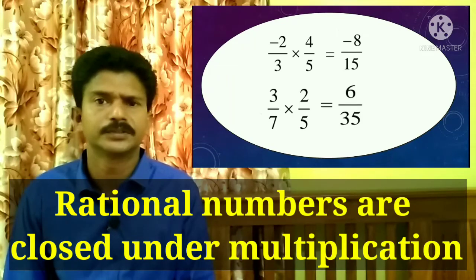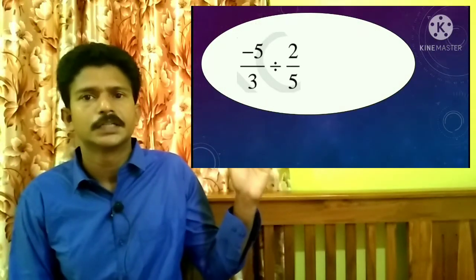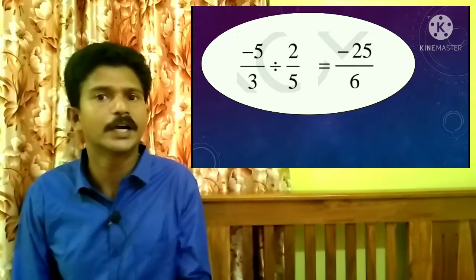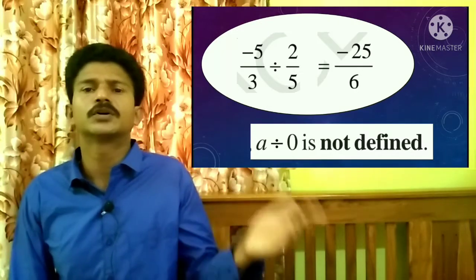What about division? Check these numbers. When you divide these two numbers, we get the answer also as a rational number. Except when you divide a rational number by 0, it is not defined.